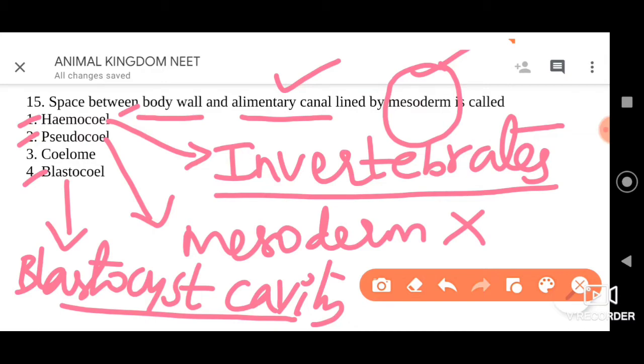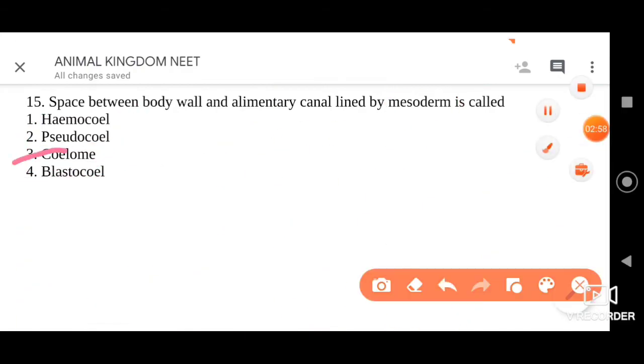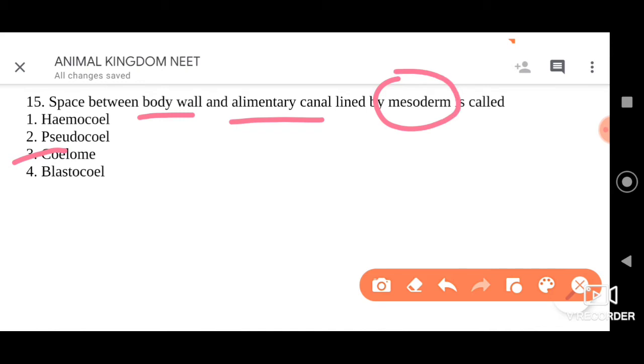After the formation of the zygote, generally in higher organisms, it undergoes equational division or mitosis and forms the embryo called blastula, and the blastula will have the blastocoel or blastocyst cavity. Fine, dear students. So now the only option which is left is phylum. Let me tell you, the phylum is the correct option. See, this is the space present between body wall and alimentary canal lined by mesoderm. So please go for option 3, that is phylum.